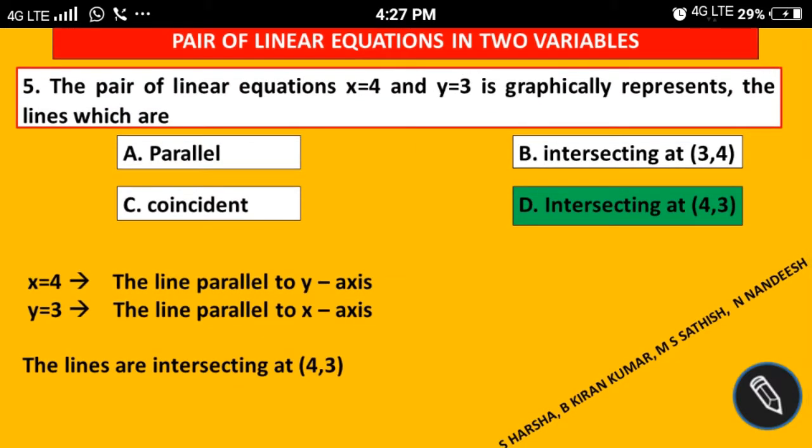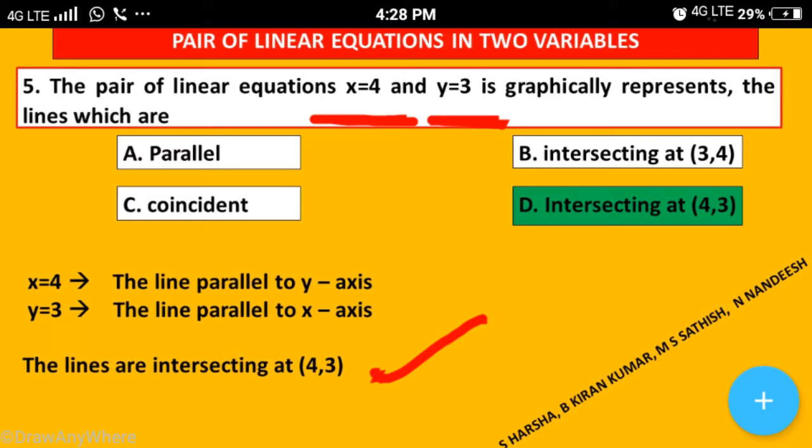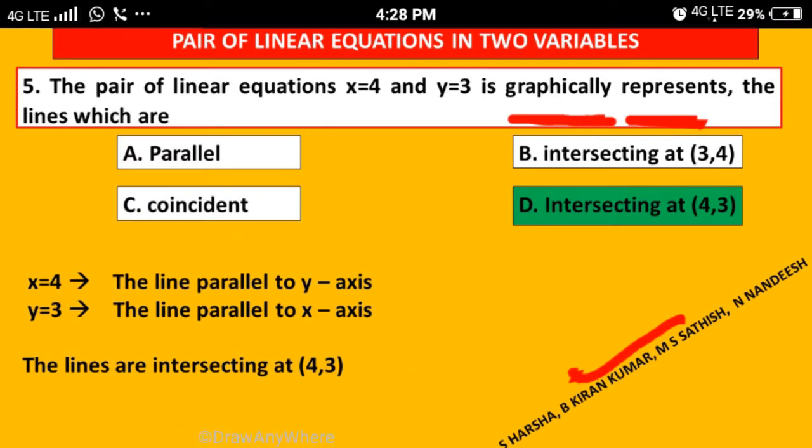Here the value of x is given, that is x equals 4 and the value of y is 3. So therefore the values of x and y are given, then the lines are intersecting at (4, 3). Option D is the correct answer.